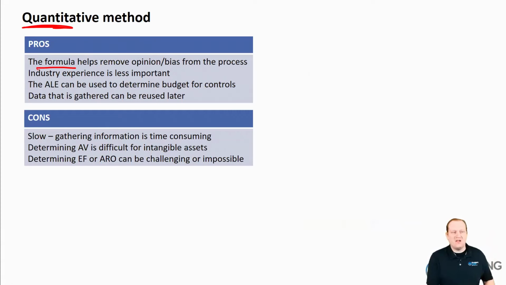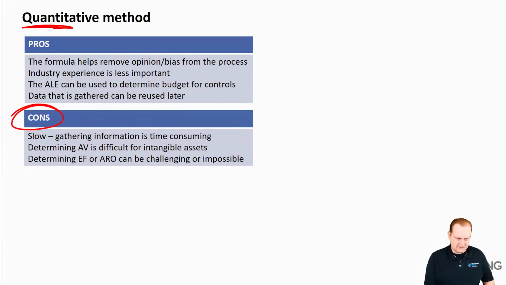A formula helps us remove opinion and bias from the process to some degree. Industry experience becomes considerably less important. If you can fact check these points, you could be an intern for all I care and come to a pretty reasonable conclusion. The ALE at the end of this formula can be used to determine our budget controls, and data that is gathered can be reused later, which is kind of neat, kind of nice.